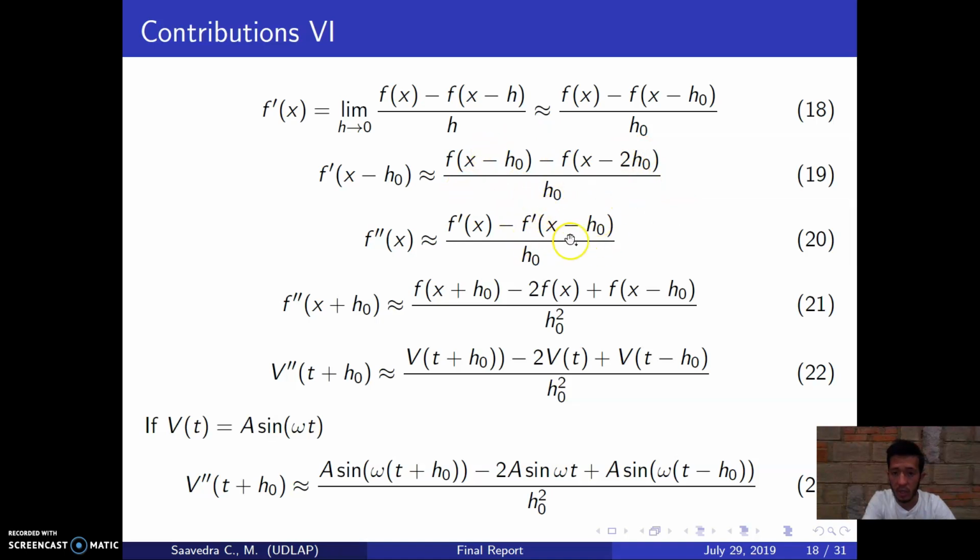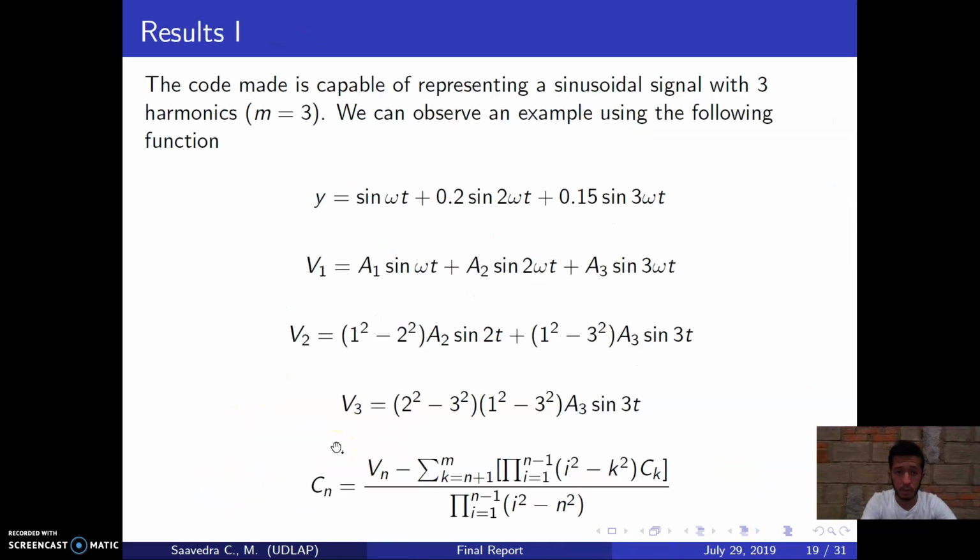So we can obtain this whole equation of the second derivative, and this is going to be very, very quick. If we take into account that our function is a sinus, we are going to have something like this, okay?